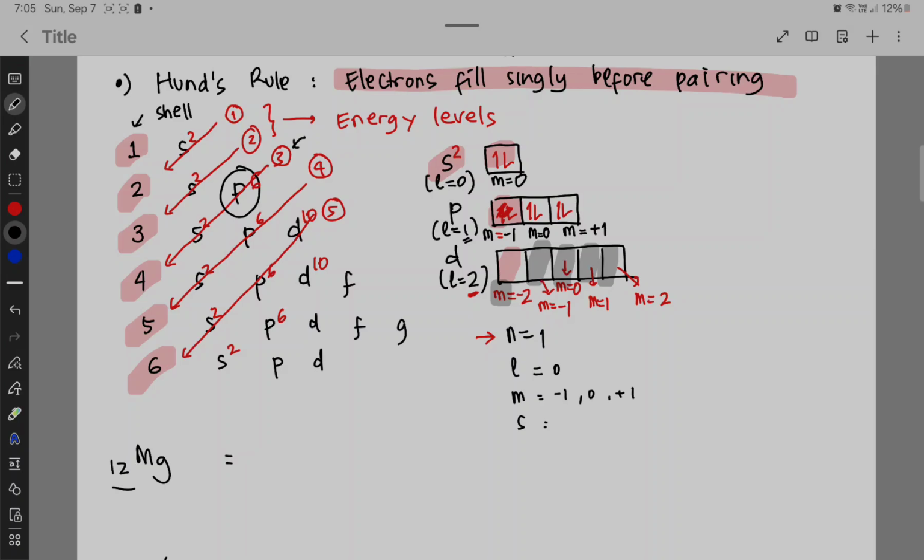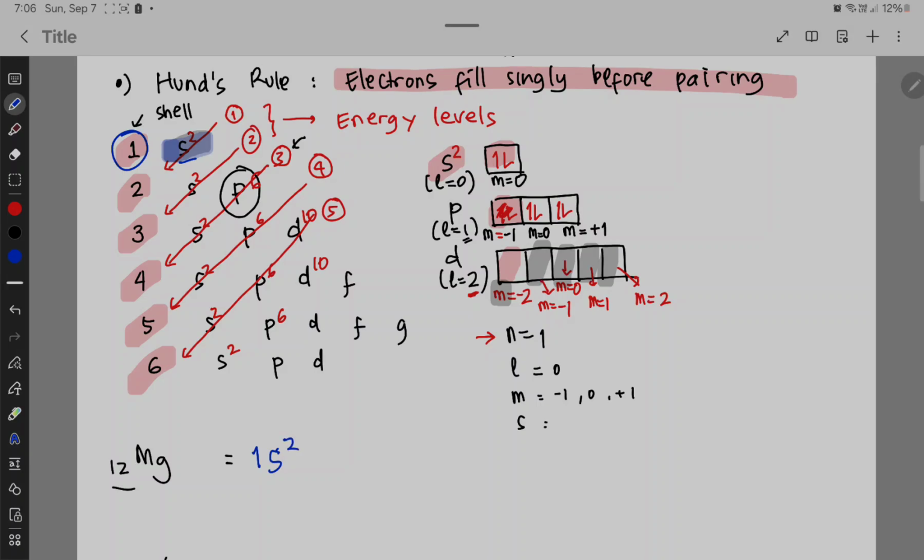First, we have to fill the lowest energy level. Here is the lowest energy level, right? So the configuration is: first shell, s subshell, and there are 2 electrons there.